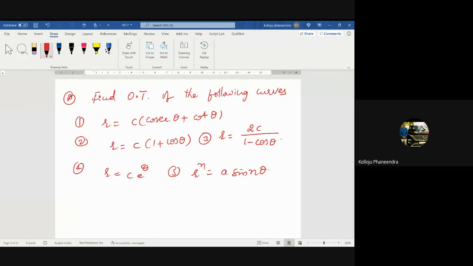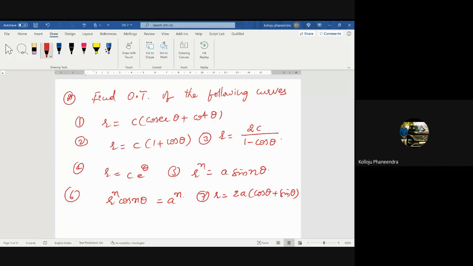And next one, r to the power of n cosine n theta equal to a to the power n. Lastly, r equal to 2a into cosine theta plus sine theta.